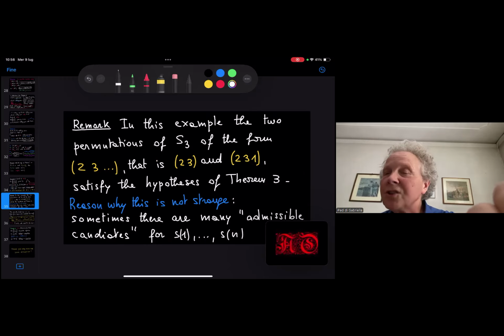In this case, we have two possible permutations, the permutation 2-3 and the permutation 2-3-1. But this is not strange. Usually, you may have many choices for the permutation S. And this happens because there are usually many admissible candidates for the elements S1, S2, Sn.